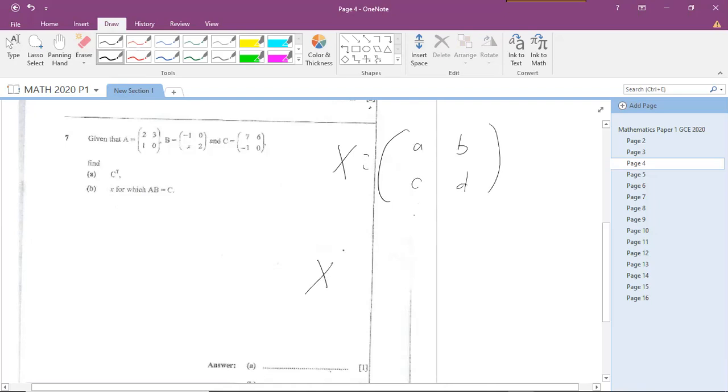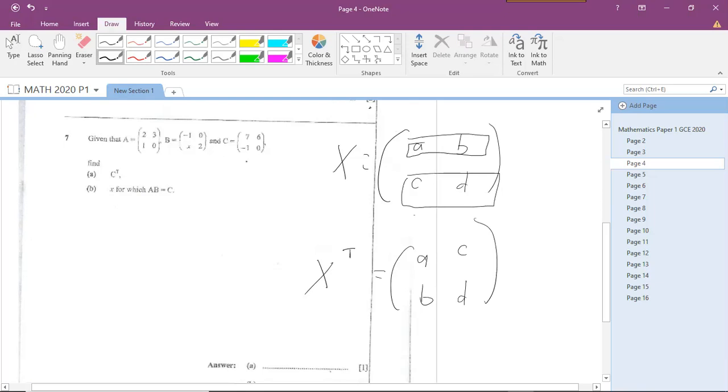To transpose this matrix, X transpose, this row here will become a column. So this row, we're going to say A, B. This row here is also going to become a column, which will be C and D. That's how you transpose a matrix. You just convert the rows into columns. That's it. So that's what this question here is asking us to do.